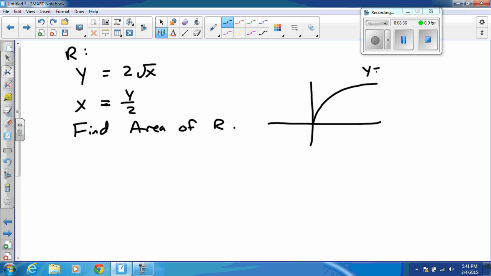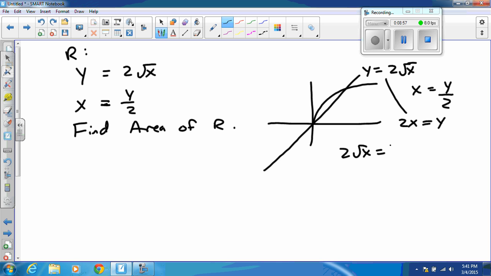So we begin by sketching. Of course, y equals 2 root x is not too hard to sketch. And x equals y over 2 is a very thinly disguised version of y equals 2x, or a straight line that comes up like so. We need to find the intersection points.